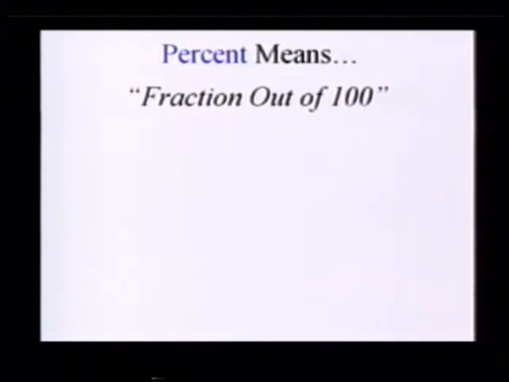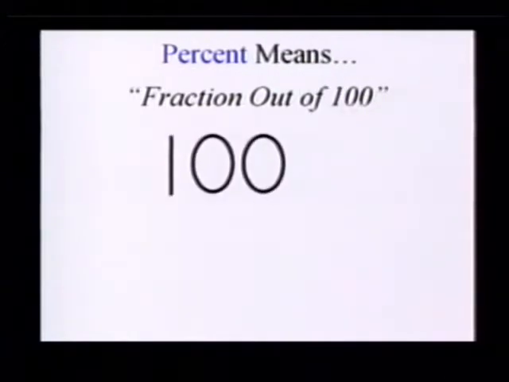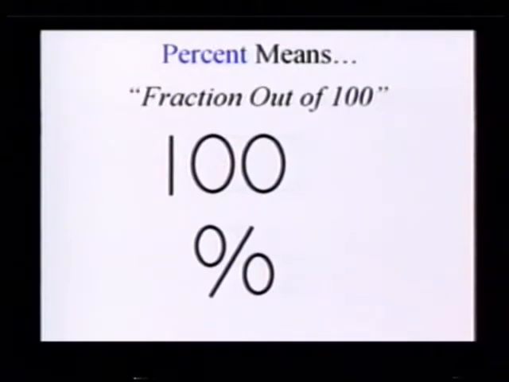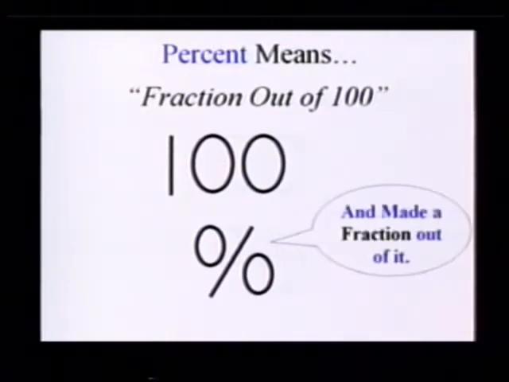They actually took the number 100 and made a fraction out of it, with a numerator and a denominator, and that's where the symbol came from. I'm sticking to it anyway.